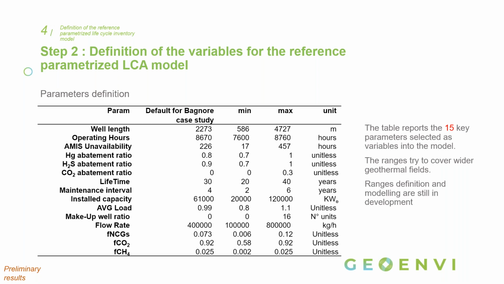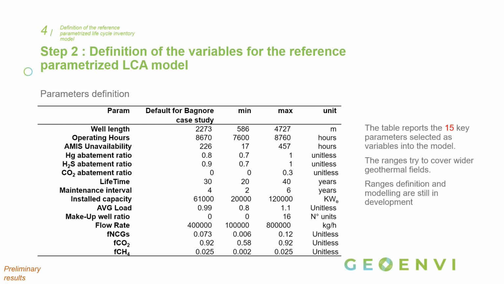And there is also a parameter that is specific for the binary power plant, which is the EMIS vulnerability, which is the amount of hours in which the EMIS abatement system is not available, and so this abatement system is not working.